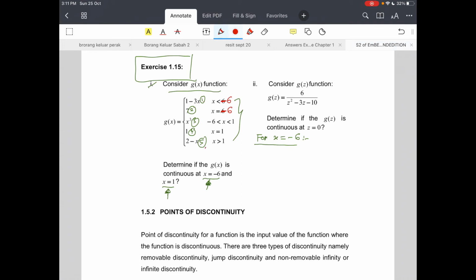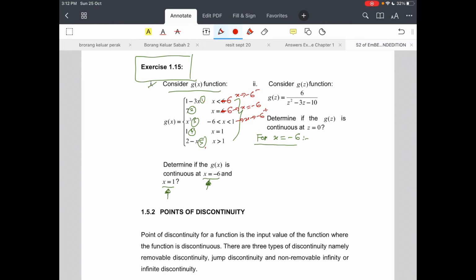For x less than -6, this is for x approaching -6 from the left. This is for x equals -6, and this function is for x approaching -6 from the right.